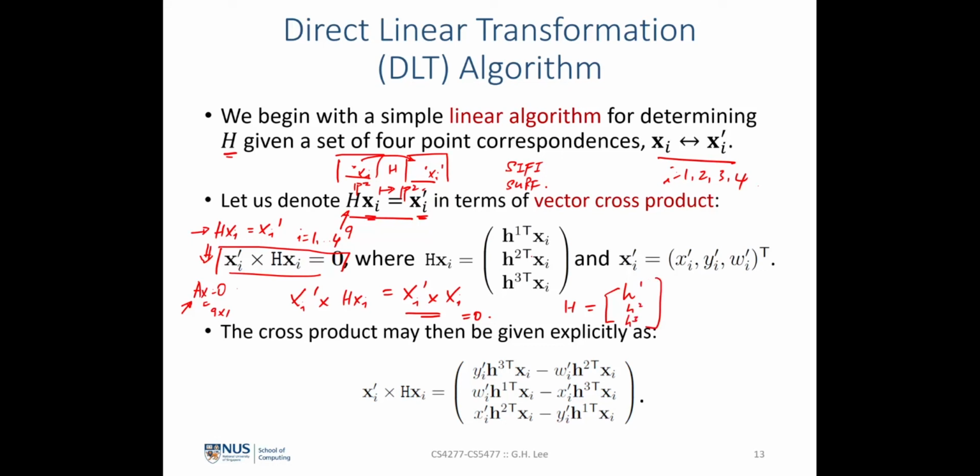So we can take the product of each row with xi to form H multiplied by xi here. And xi prime would be our 3 by 1 homogeneous coordinates from the second image, where xi prime is observed. Substituting these two terms into the cross product term, we can see that it explicitly gives this equation.